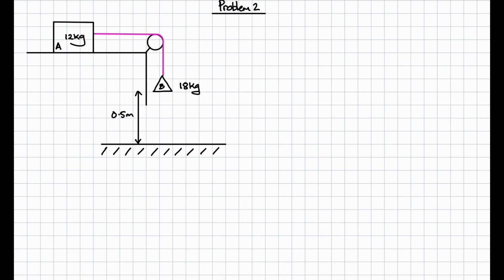Now in this scenario, we're also told that particle B is hanging 0.5 meters above the ground, and the horizontal surface which particle A is currently resting on is going to be a rough surface.